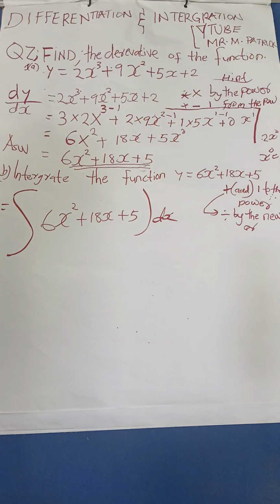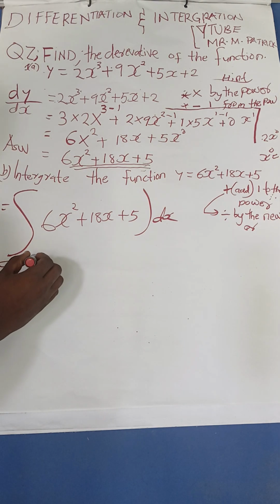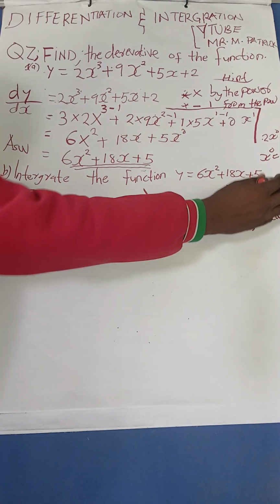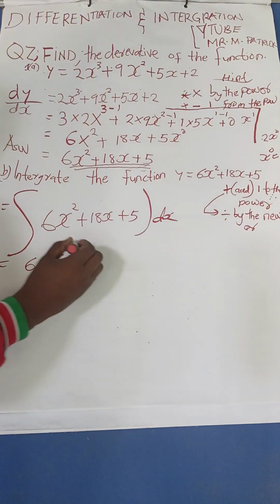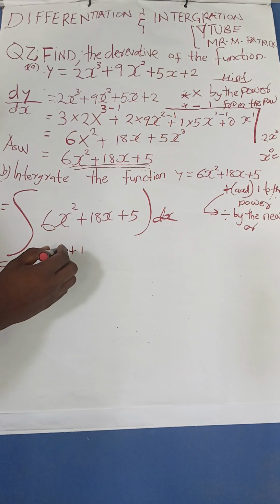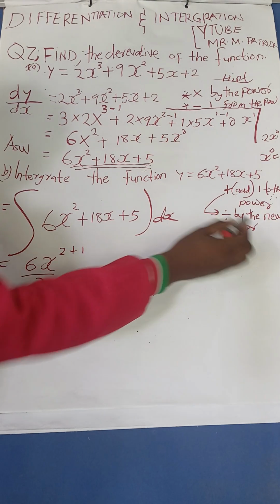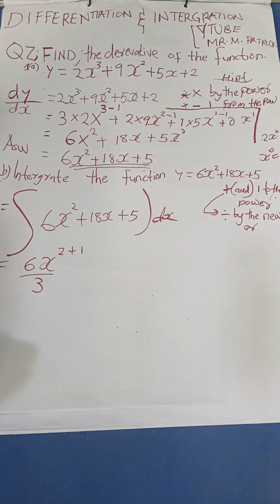Now, when we are integrating, we add to the power. So it will be now 6x squared, we add 1 to the power, 2 plus 1 you get 3. Then you divide by the new power. The new power here is 3.